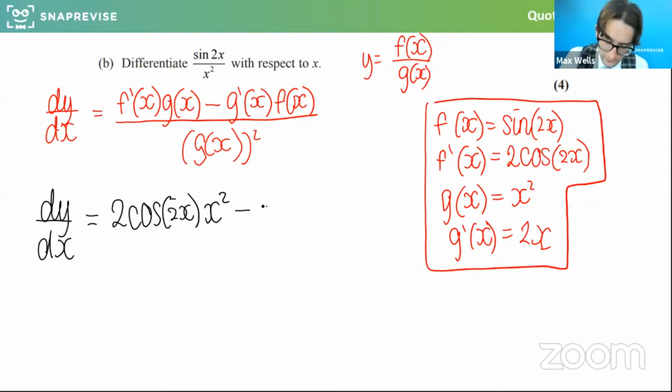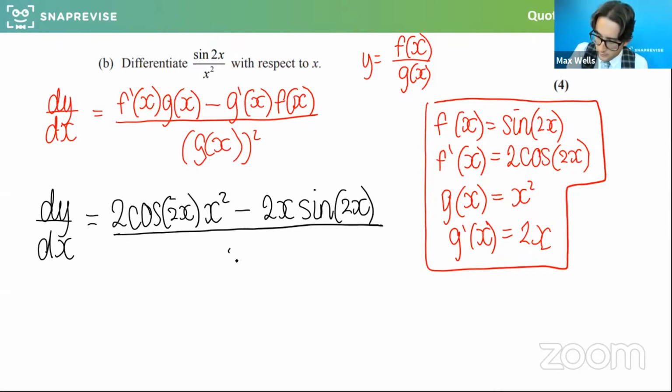So g dash of x, which was 2x, times by f of x, which was sine 2x, all over g of x squared. So that would be x squared squared.